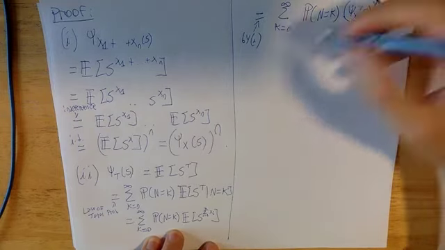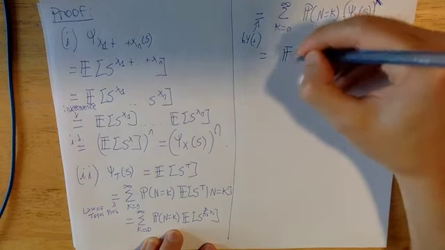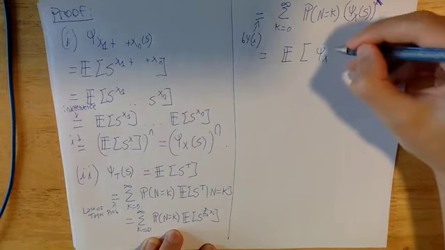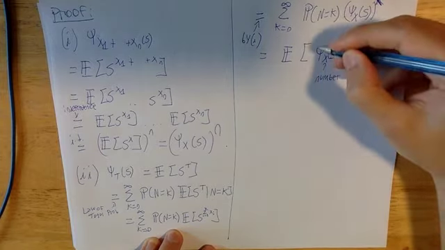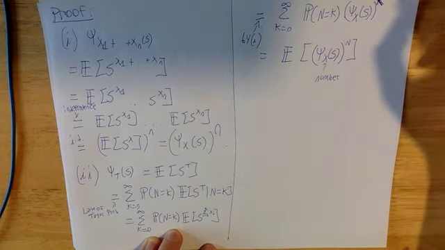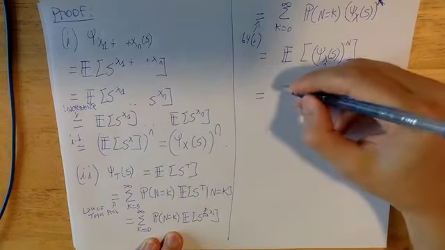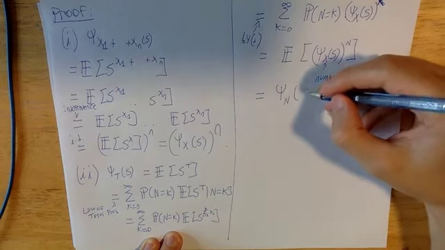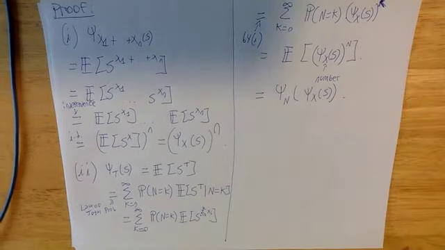Okay? But now, if we actually look at what this is equal to, the expectation of phi x of s, which is a number, to the random variable n. So this in particular is equal by definition of phi n evaluated at phi x of s.